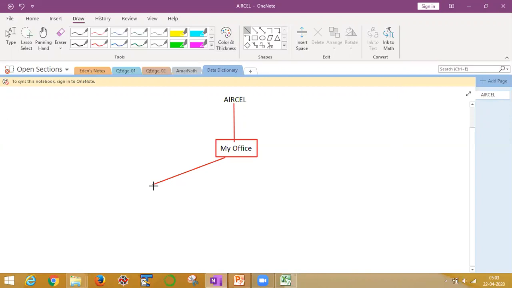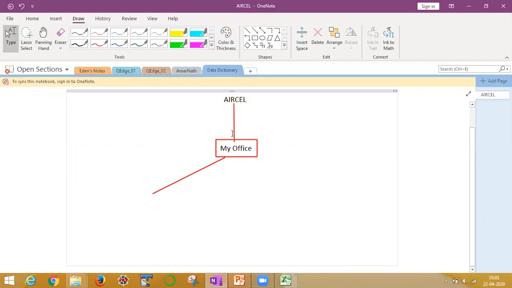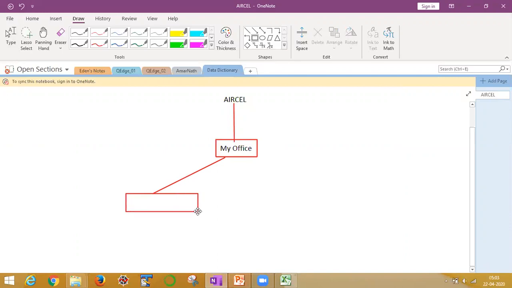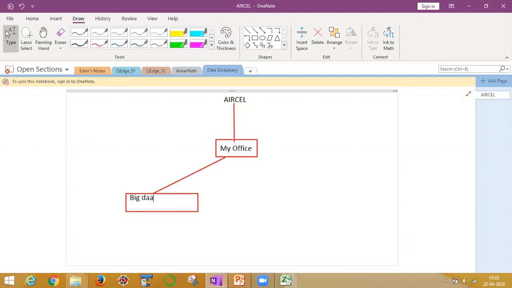I am taking one of the teams, one of the major teams you can call here. Depending on the industry, it will be called the big data team.